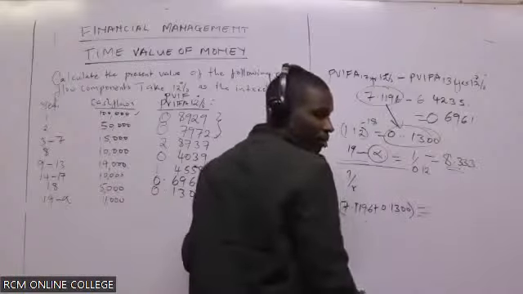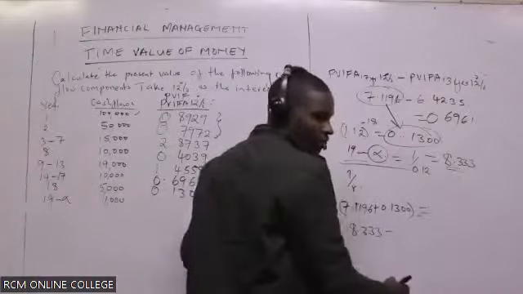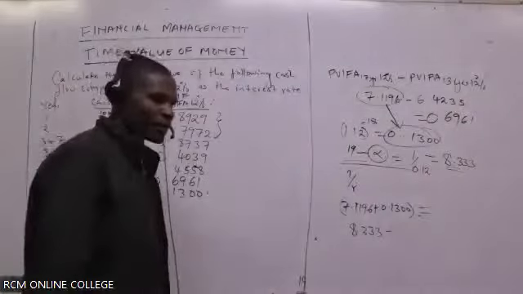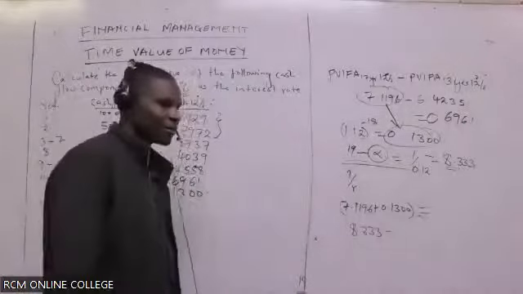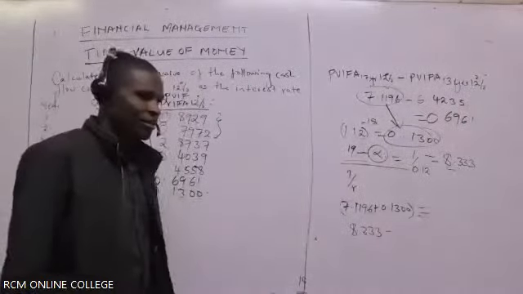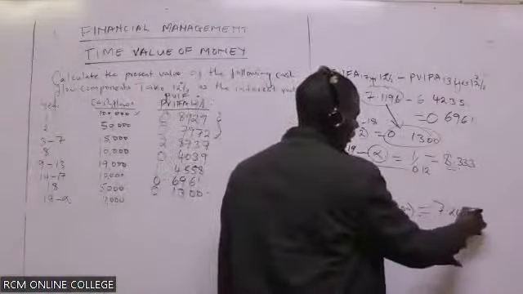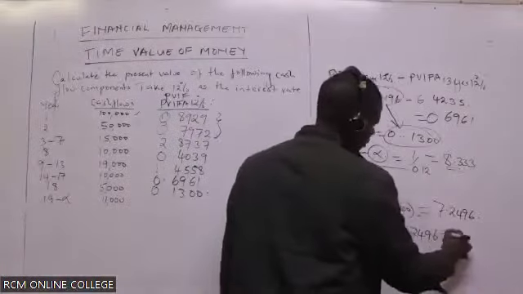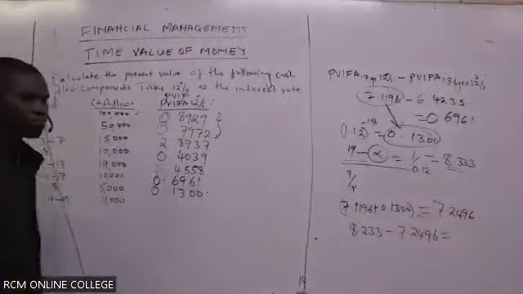You get something. Then you say 8.333 minus what you get. It will not work. Give me 7.2496. So minus 7.2496. So class, get it and put it here.